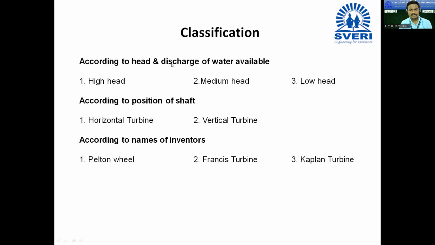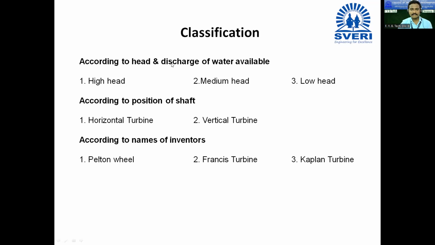That hydraulic energy is converted into mechanical energy using a turbine device, and that mechanical energy will be converted into electrical energy by using an electrical generator. Then the second point for discussion is the classification of turbine. The classification of turbine is made based on 3 factors, according to the head and discharge of water available.